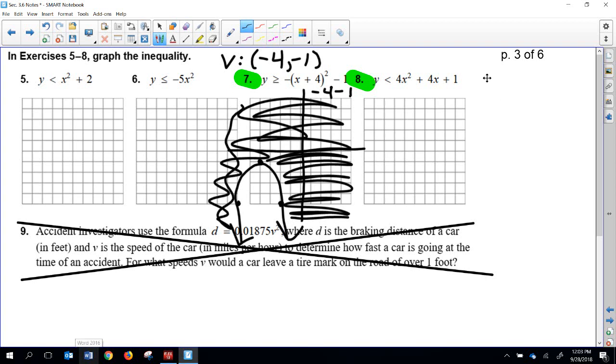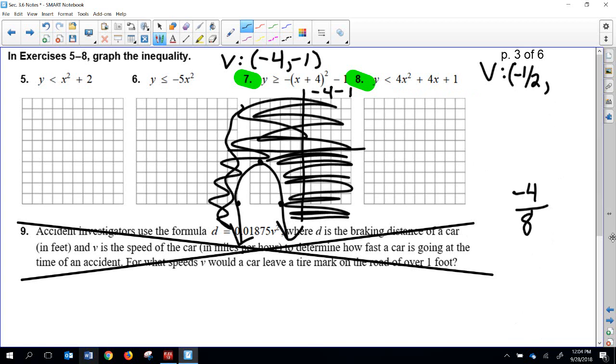On number 8, again I have to find my vertex, but this one's not in vertex form. How can I find the vertex if it's not in vertex form? Holly? Okay, so I can do -b over 2a, -4 over 2 times 4, which is 8. That gives me -1/2.